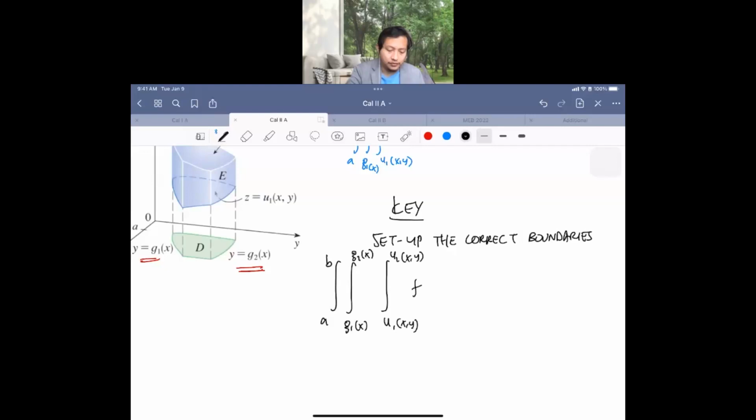And let's say this is the function. You just write the function as f to make it easy to look at the other variables. Okay, let's say this is the first one.